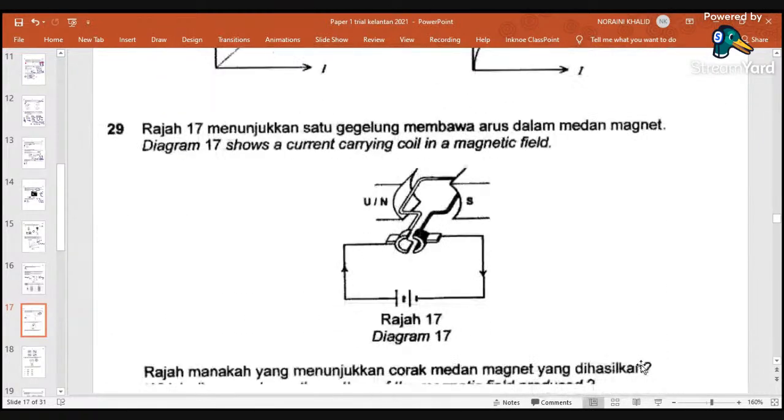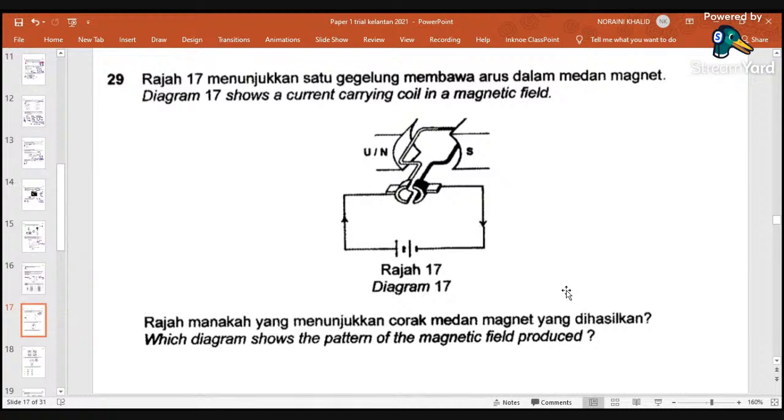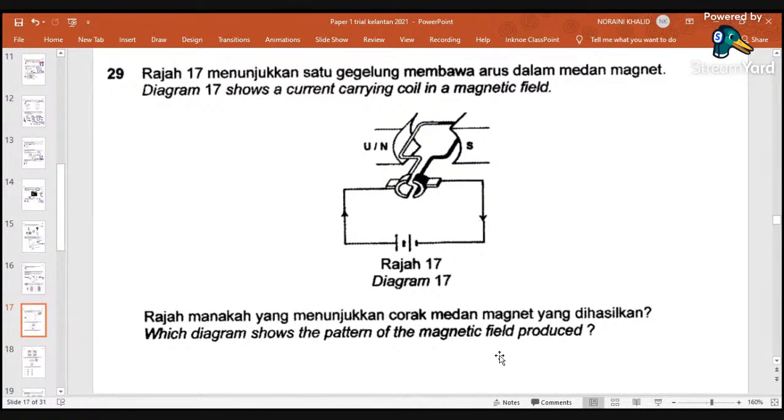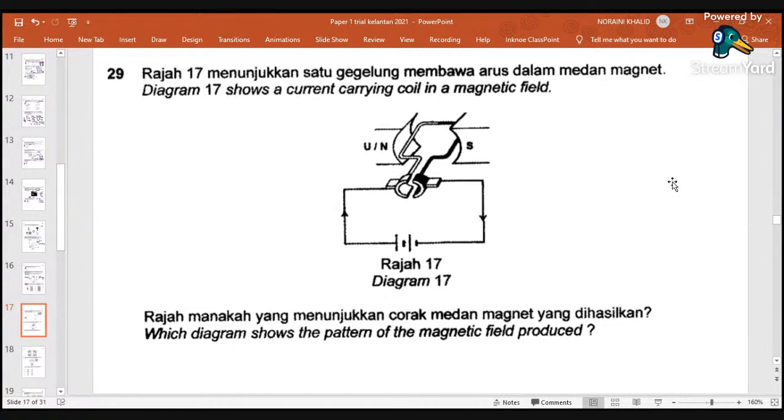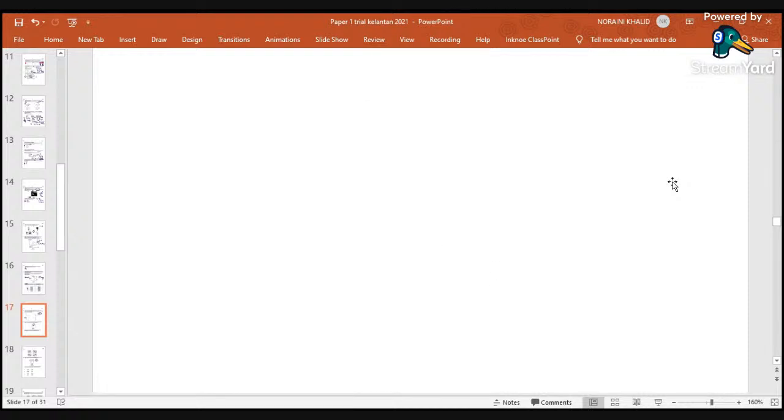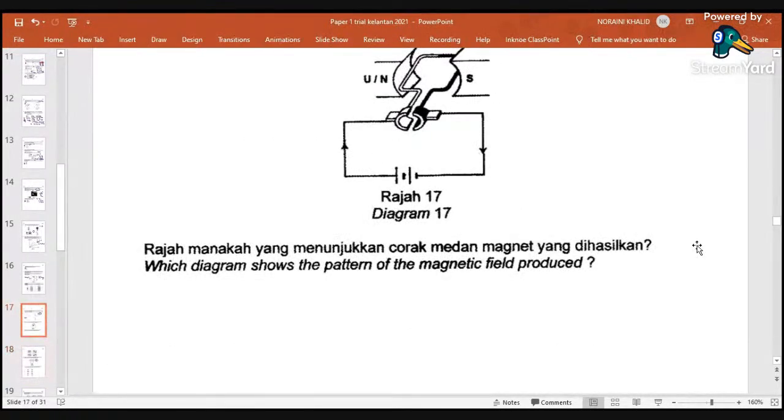Number 29. A current carrying coil in a magnetic field, which diagram shows the pattern of magnetic field produced? Current flows here. If we draw north, south, we have 2 points of the wire, current in, and here is current out. Apply Fleming's left hand rule.